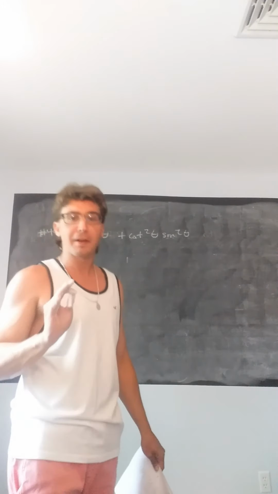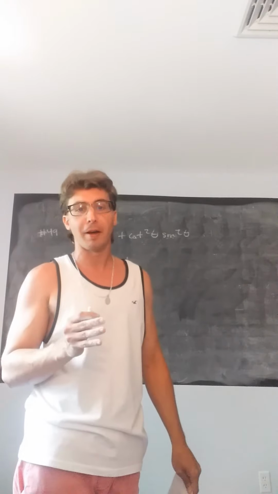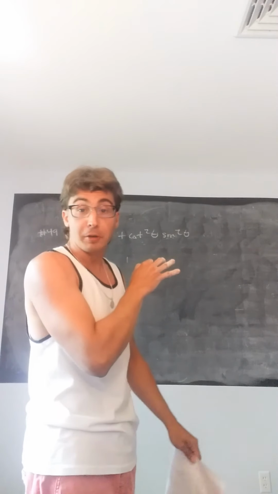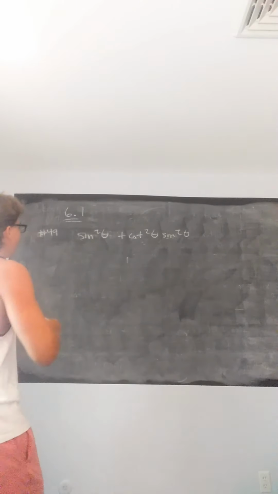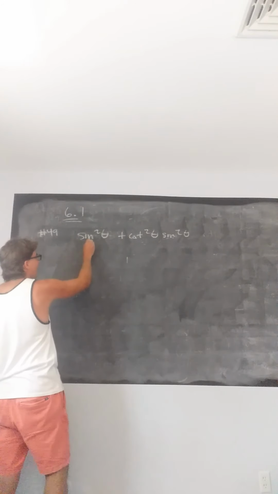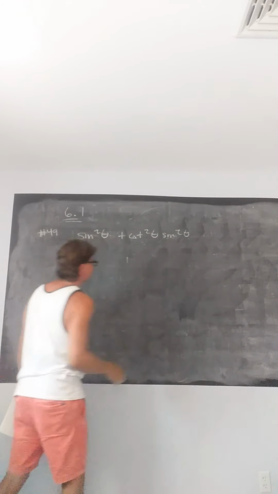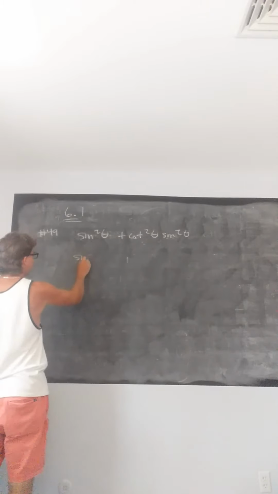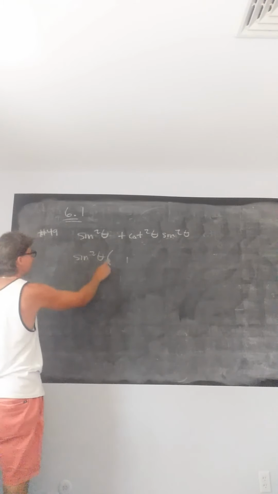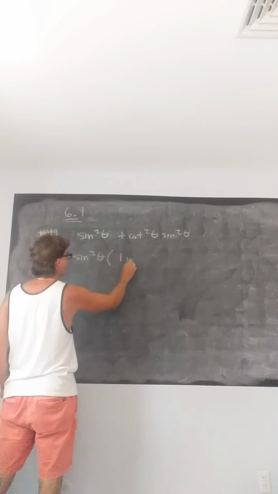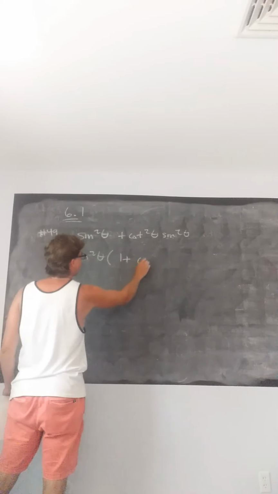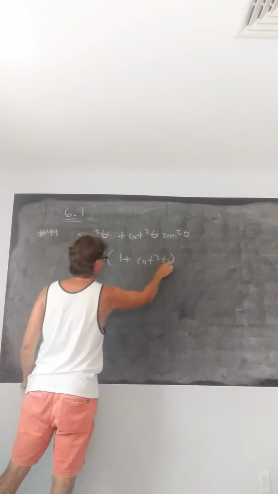So all the factoring rules that you know still apply. We just have to apply them to trig. That's the only difference. What do they both have in common? They both have a sine squared. So let's pull out the sine squared. And what do we have left? That's just going to be a 1 plus a cotangent squared.